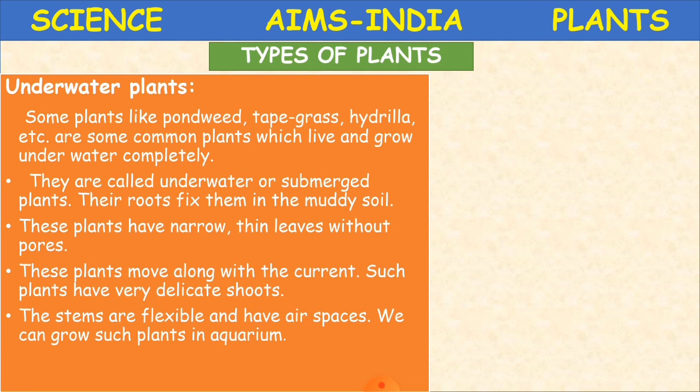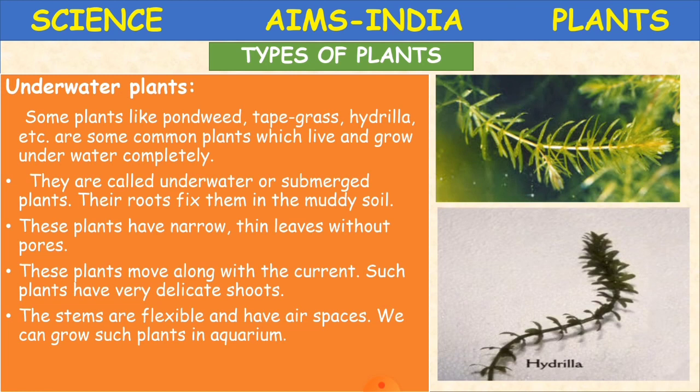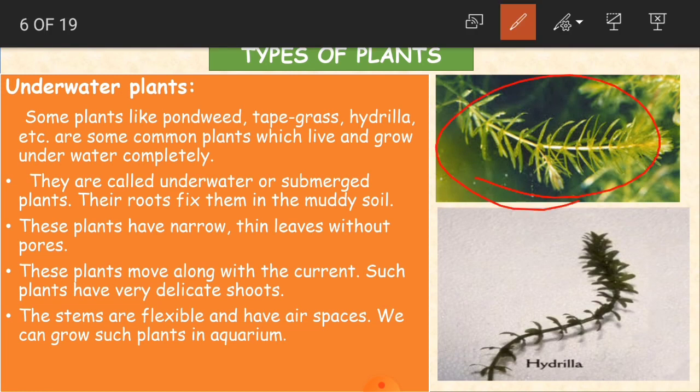They grow completely underwater, as you see here in the picture, and they are called underwater or submerged plants. Submerged because they are lying under the water. They are merging with the water, mixed with the water. That is why we call them submerged plants.